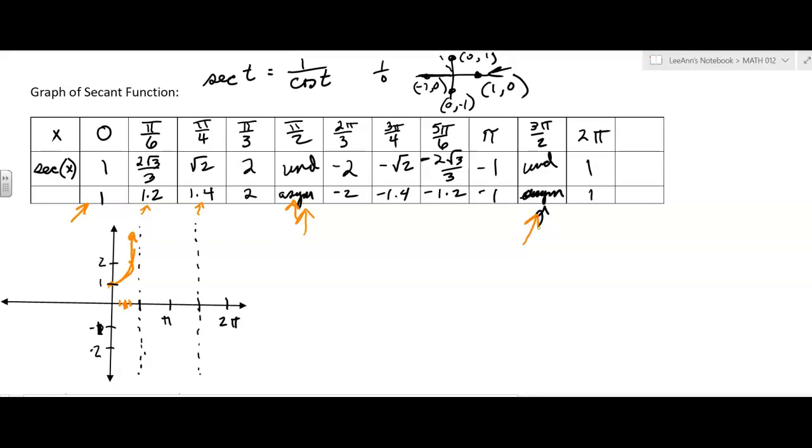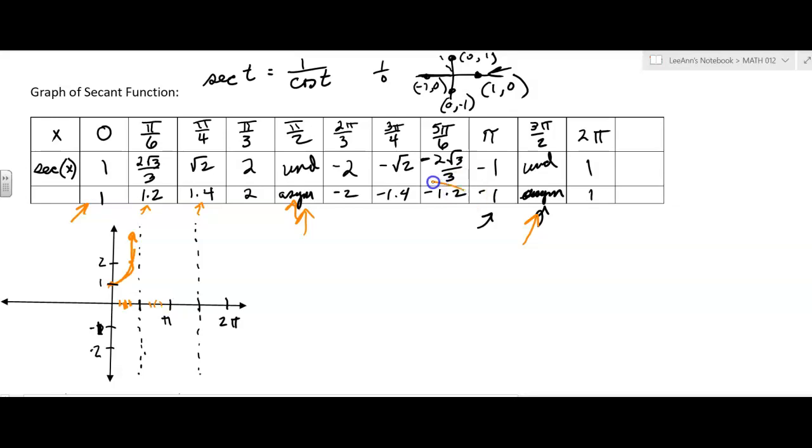Okay, so let's mark it off here. Well, we've got to pi. So let's look at this as well. You've got to mark those in a half for 3 pi over 4, and then a little bit before for the 2 pi over 3, and a little bit after for the 5 pi over 6.